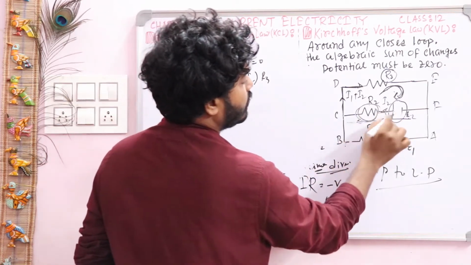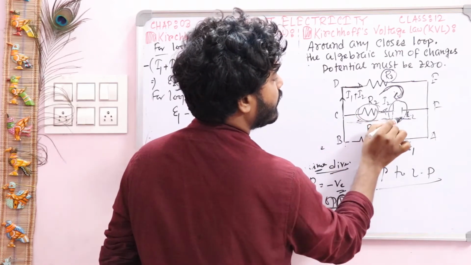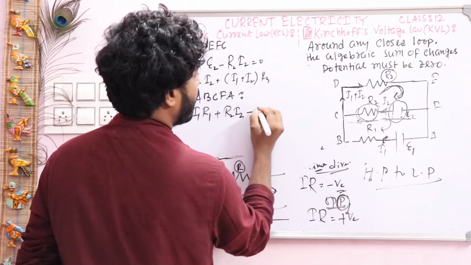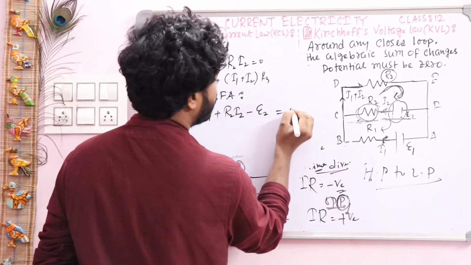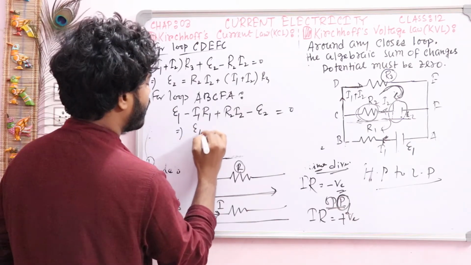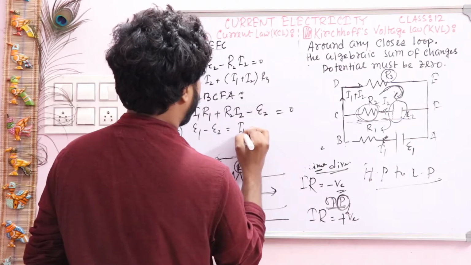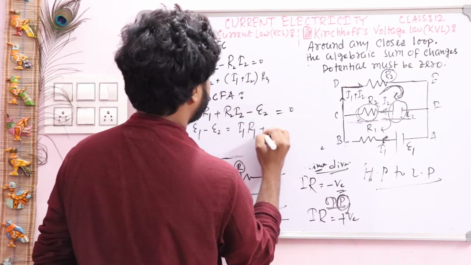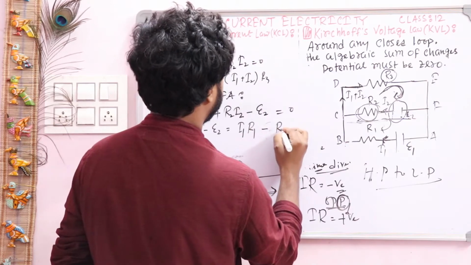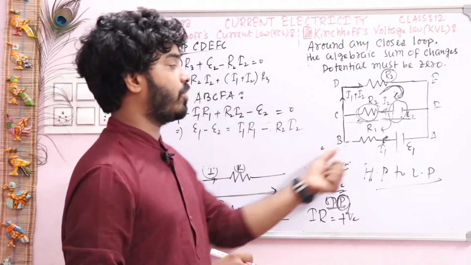Again for cell E2, you are going in this way, you ended at negative, positive to negative, that means minus E2, that is equal to 0. So from here you can write E1 minus E2 is equal to I1 R1 plus R2 I2. So this is our second equation for this loop.